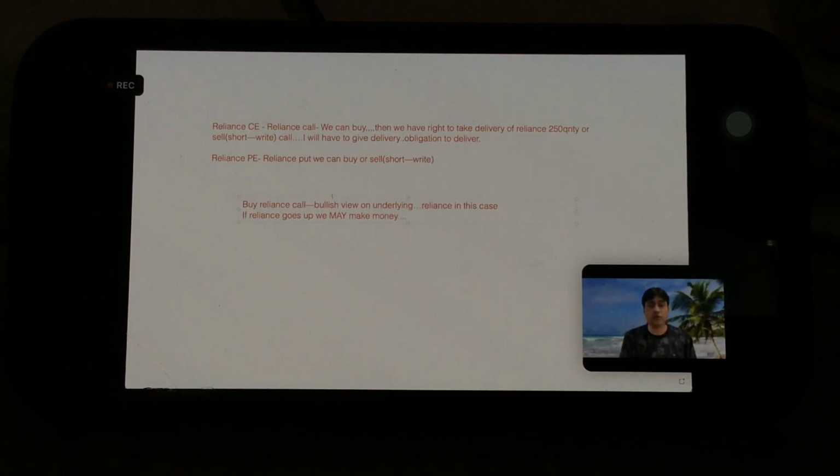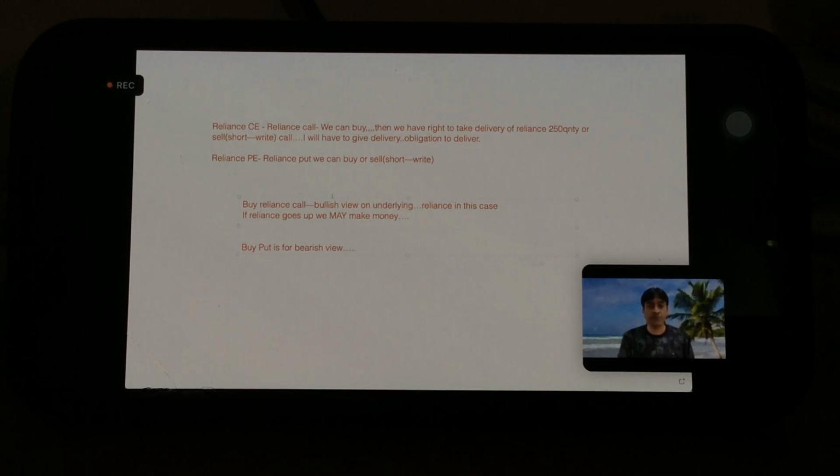Not necessary if Reliance goes up, we are going to make the money, because there are multiple factors in the options which we have to consider. But at present, you remember that call is for bullishness, buying call is for bullishness, and buy put is for bearish view.